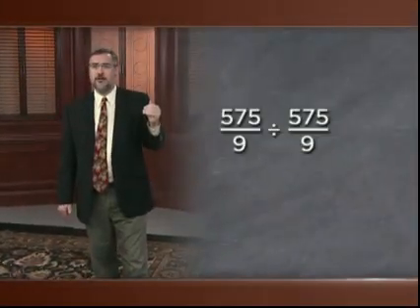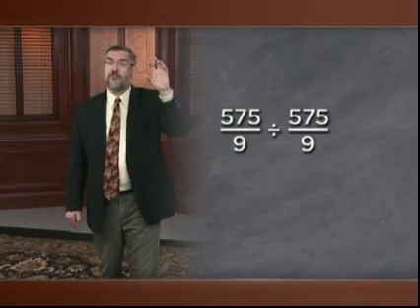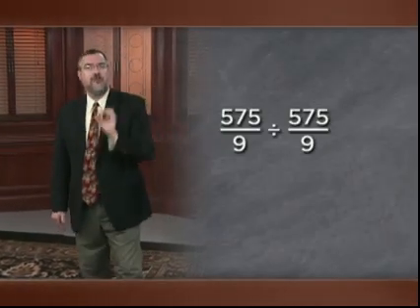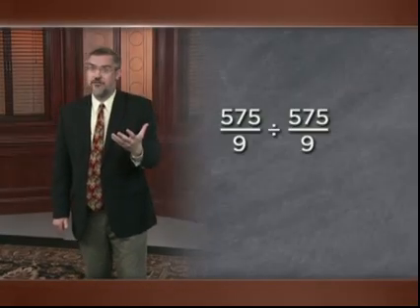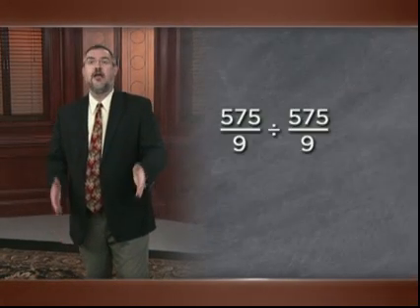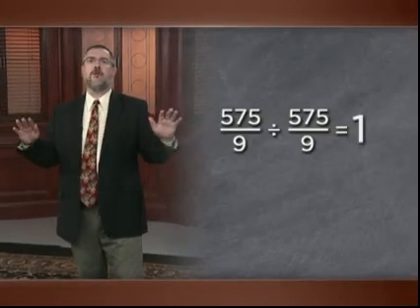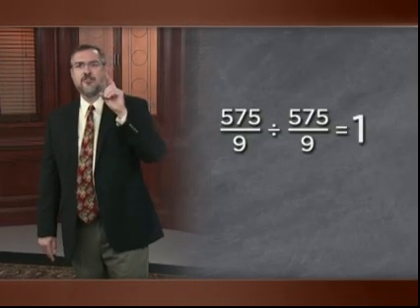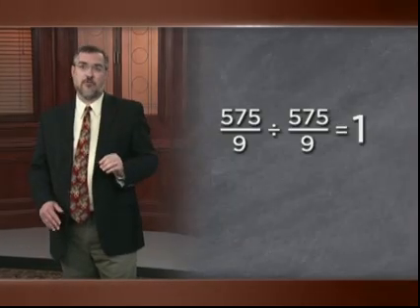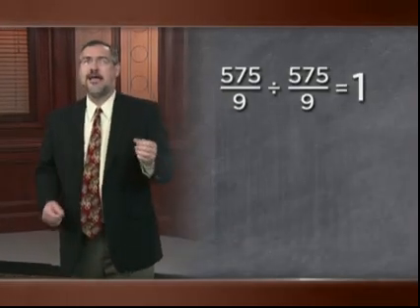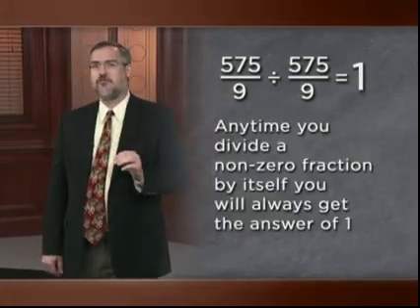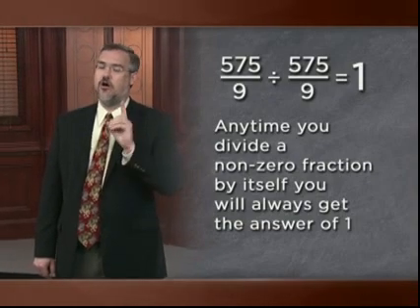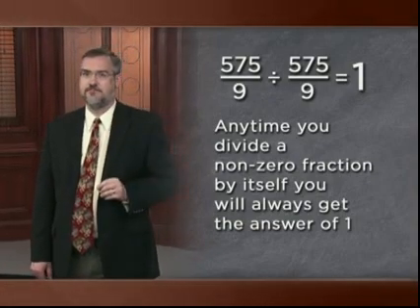And that means, as an example, if I take 575 divided by 9, or the fraction 575 over 9, and then divide that by 575 over 9, the same fraction again, the answer is going to be 1 automatically, because I'm just dividing the same fraction by itself. This is a great trick to remember, or a great rule to remember. Anytime you divide a non-zero fraction by itself, you will always get the answer of 1.